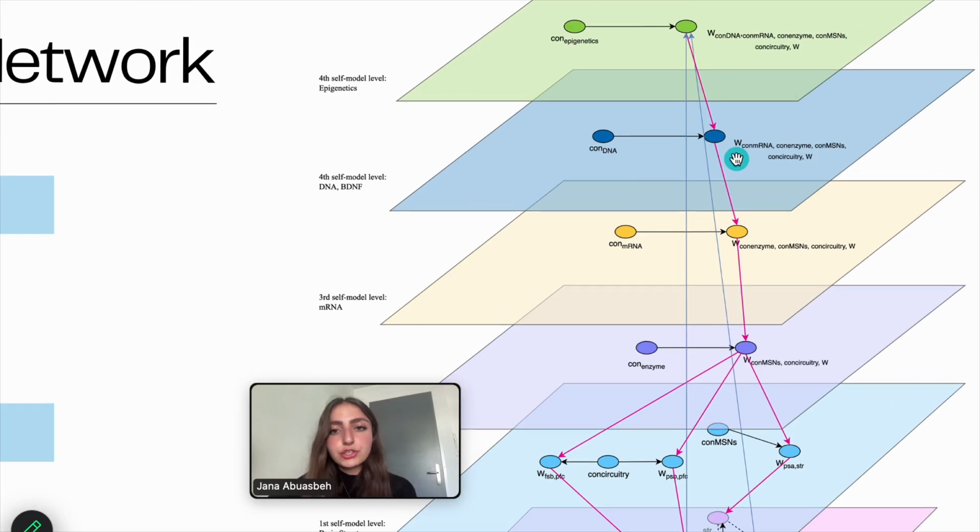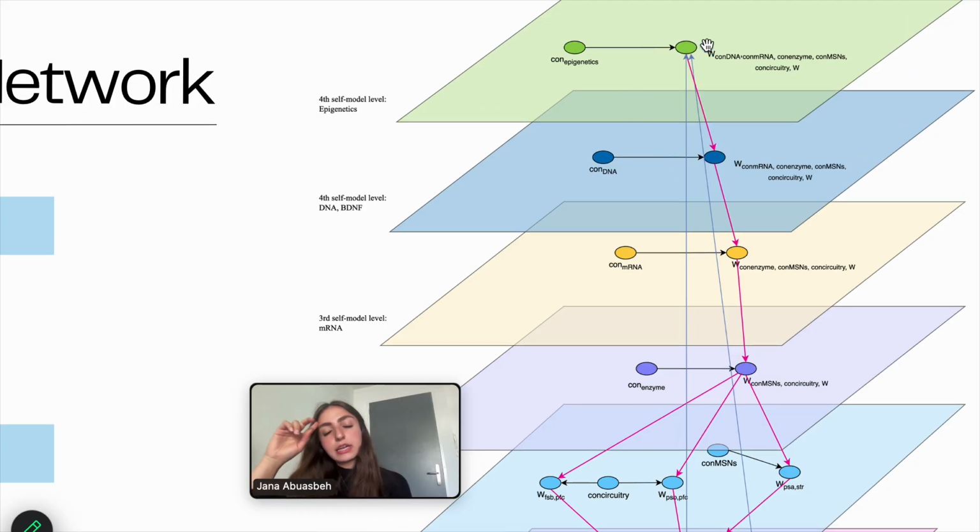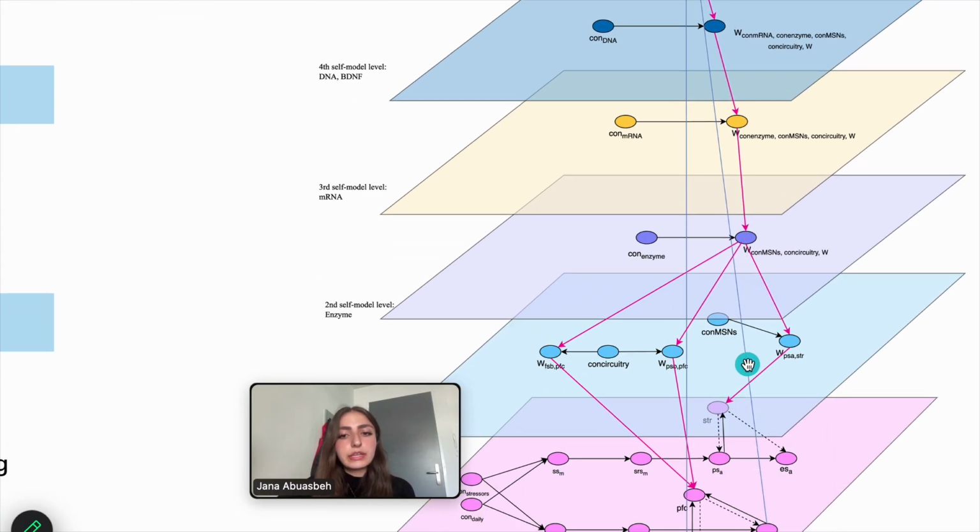Fourth order adaptation shows the expression of the BDNF gene. And finally, right at the top here, we have the epigenetic layer, and this shows the DNA hypermethylation, which affects BDNF gene expression. The effects downstream of this DNA hypermethylation are represented through these pink arrows that go all the way down.